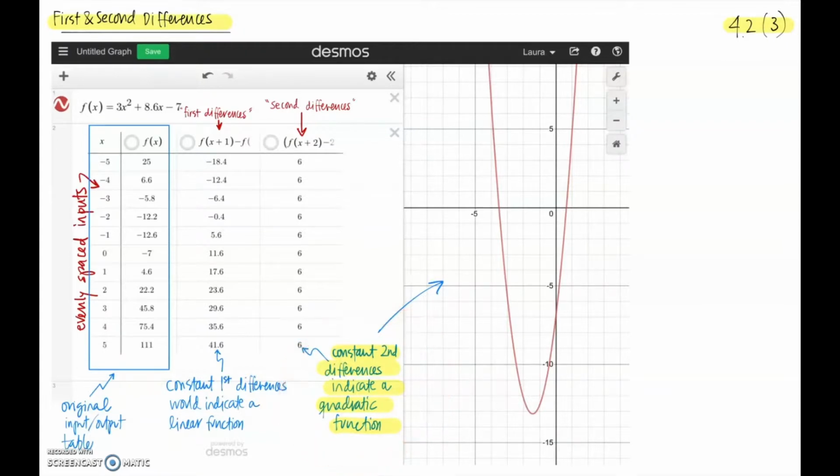So if all you have is a table of values, you can still determine if this is a quadratic function by taking first and second differences. And that's what we have here. When I say constant second differences, it means that the second differences are always the same number as they are here. It's always 6. In another problem, it might be like 8 or 7. But these constant second differences tell us we have a quadratic function.